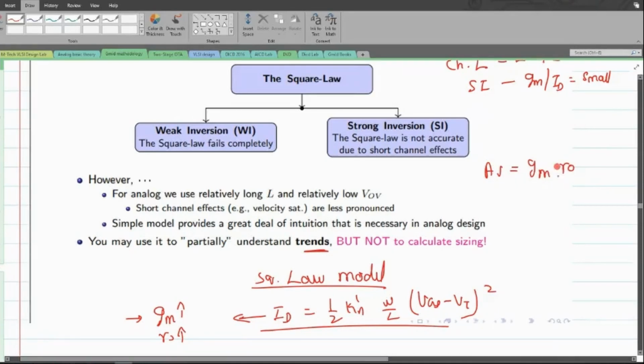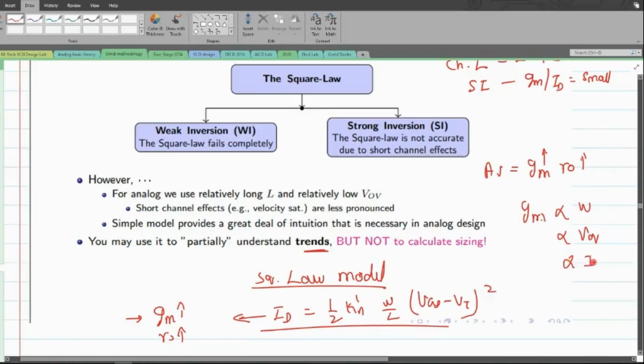Now, in order to increase the GM, or in order to increase the R naught, I also have to know which particular parameter I need to vary. We know that GM is proportional to the width, and it is also proportional to the VOV, or it can also be written in terms of ID.